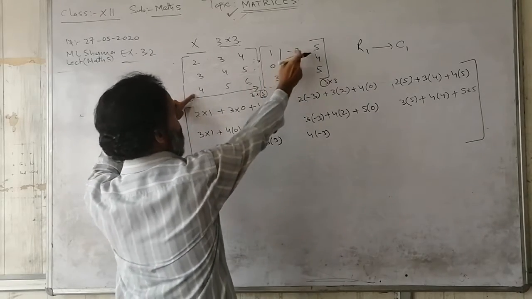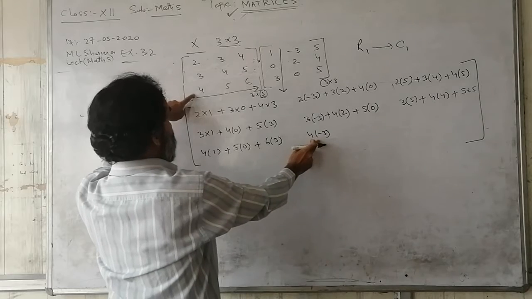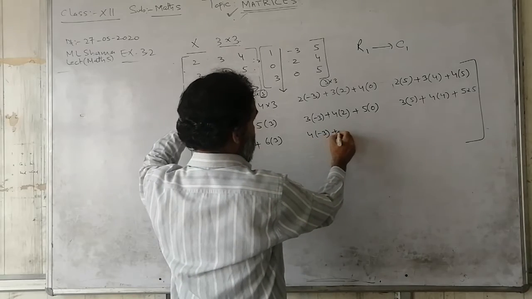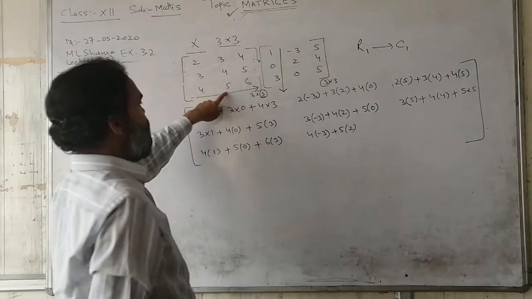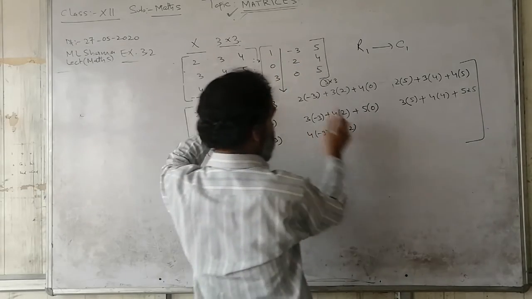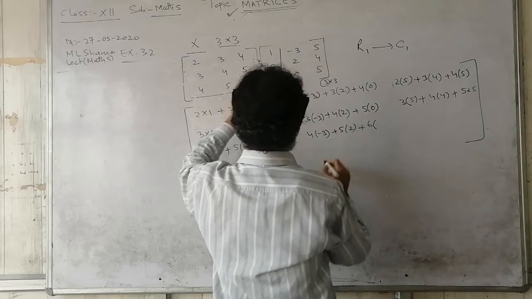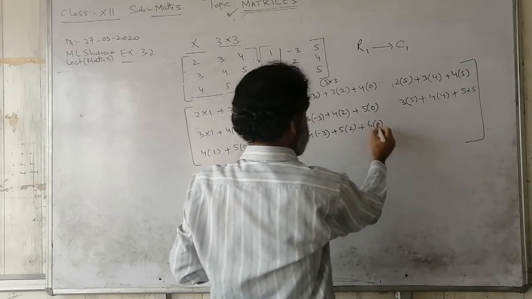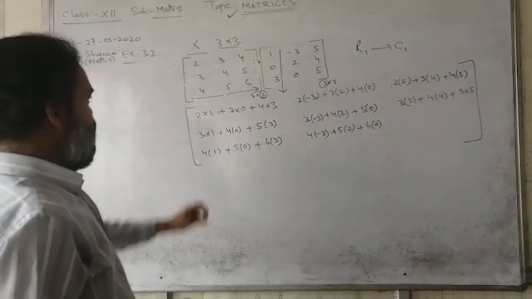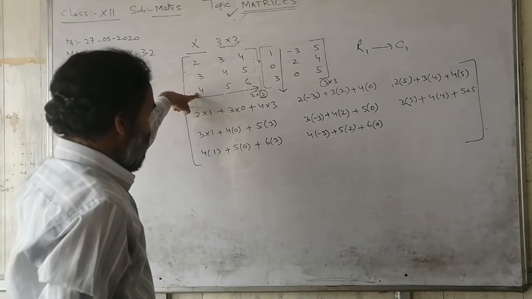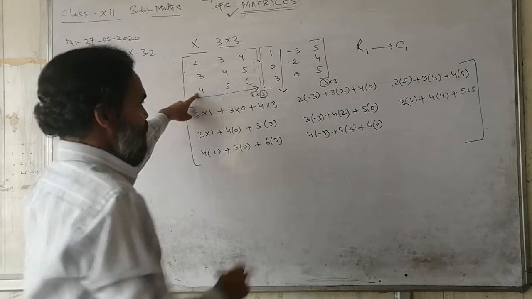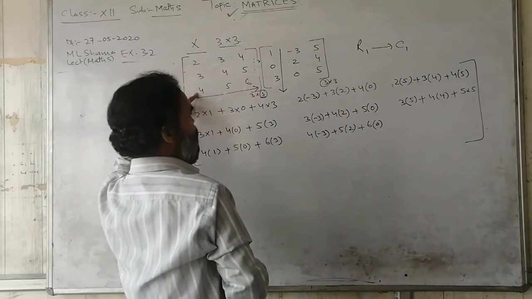So 4 into 3 plus 5 into 2, then 6 into 0, and for the last column C3, the elements of R3 are multiplied by the elements of column C3.